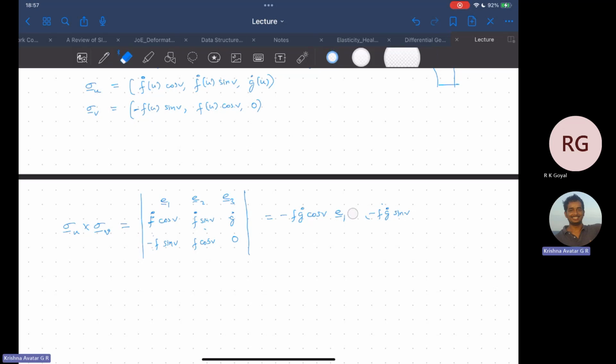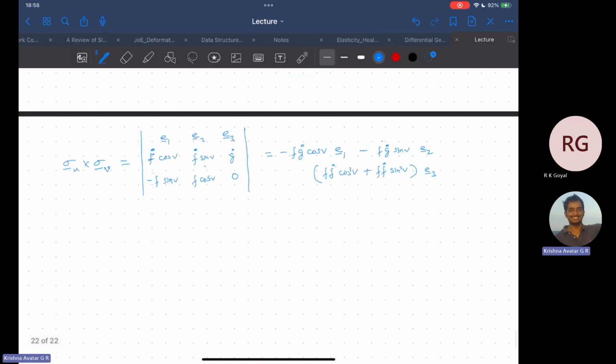So all that we have is minus f g dot sine v E2. Plus, for E3 we have f f dot cosine square v plus f f dot sine square v, and then E3.